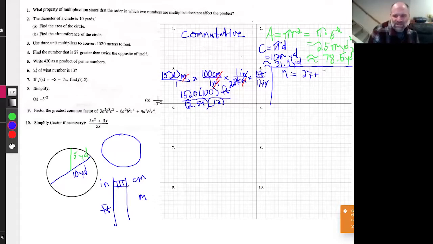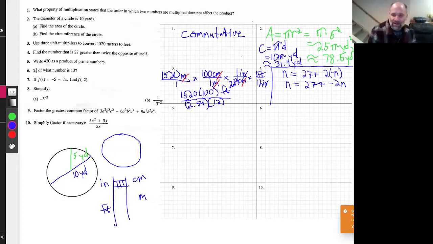So twice, 2 times parenthesis negative n, or if I just bring that negative sign out, then it'll just be negative 2n. So n just equals n equals 27 plus, oh, this is bad here, negative 2n.